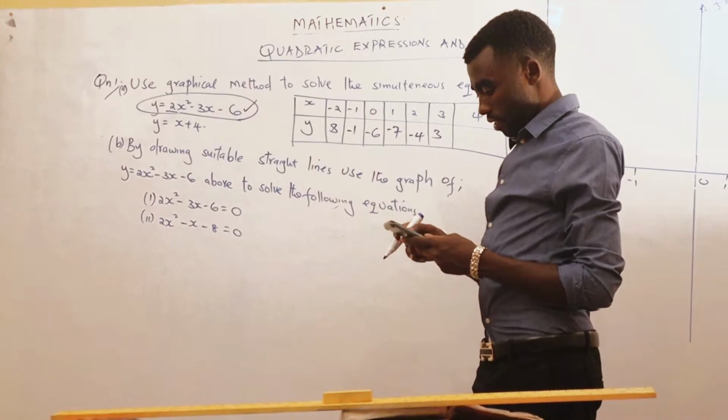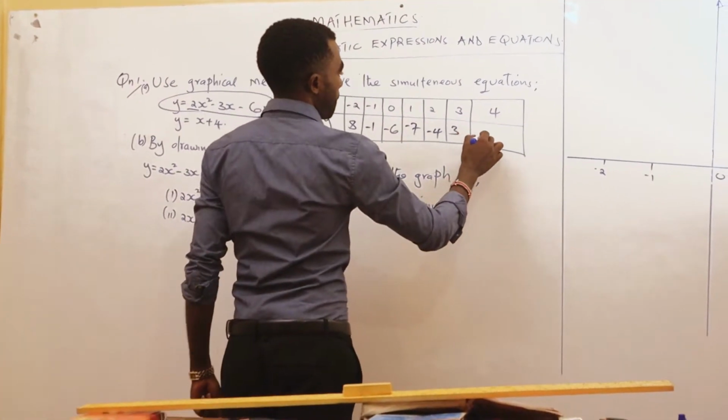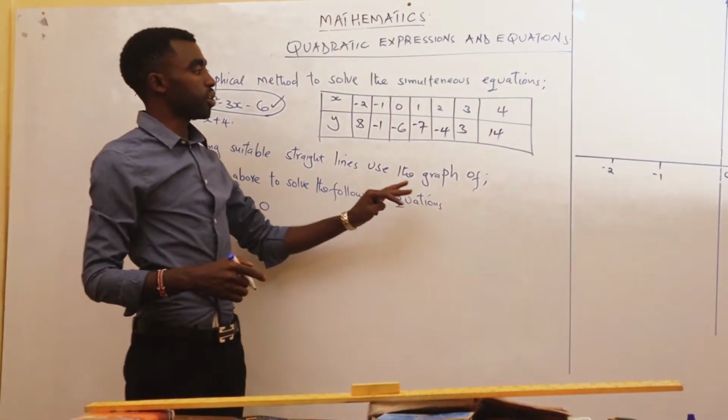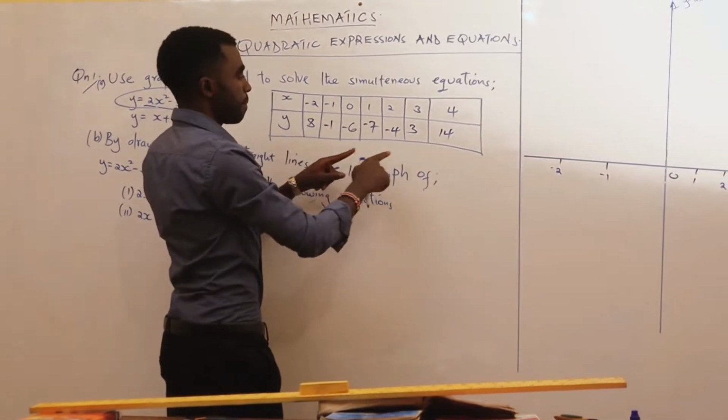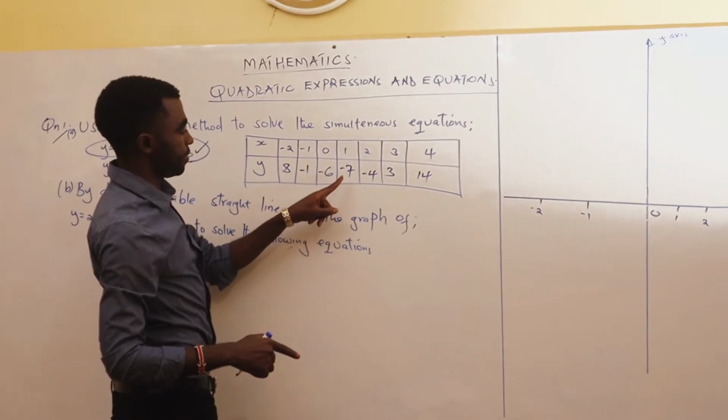We're going to get 14. So these are the values we have, students. The highest number is 14. The smallest number is negative 7.